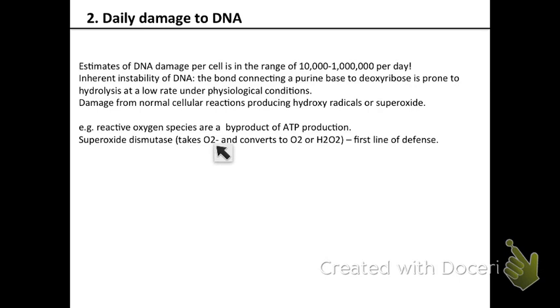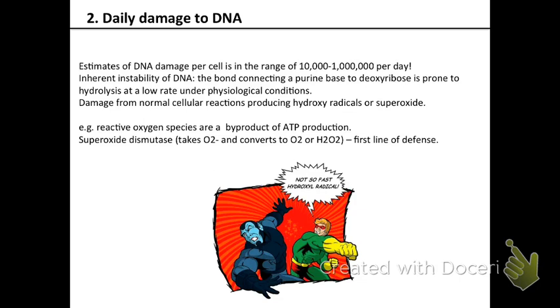It takes that oxygen radical and converts it into regular oxygen or hydrogen peroxide, which are not as mutagenic. So you can think of cells as saying, not so fast, hydroxyl radical. There are defenses before the chemicals can turn into mutagens.